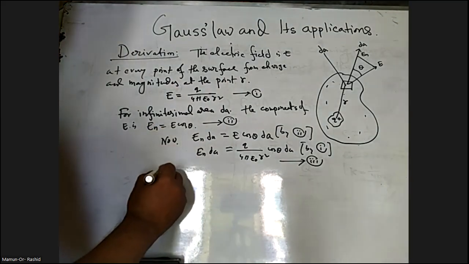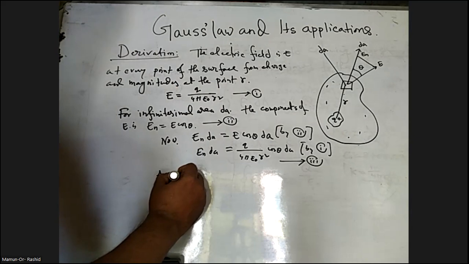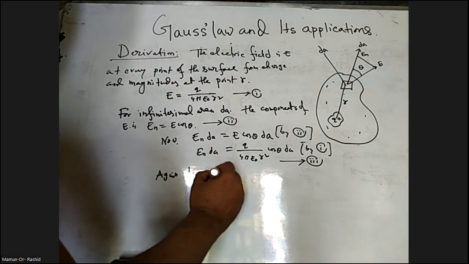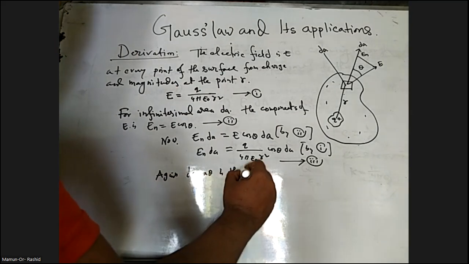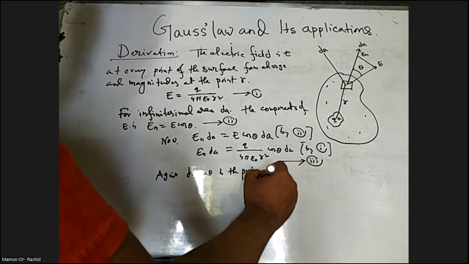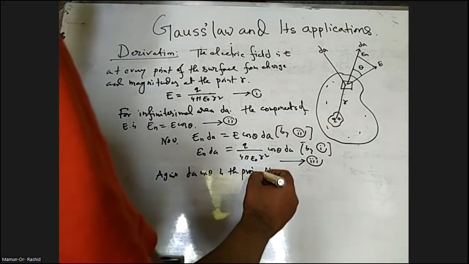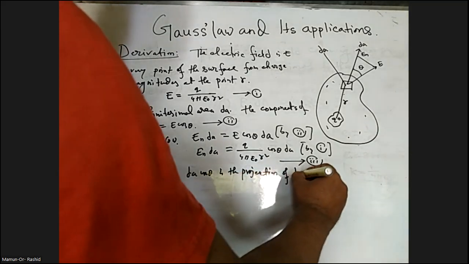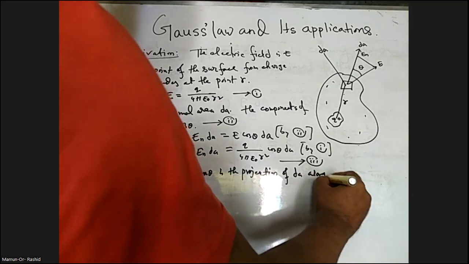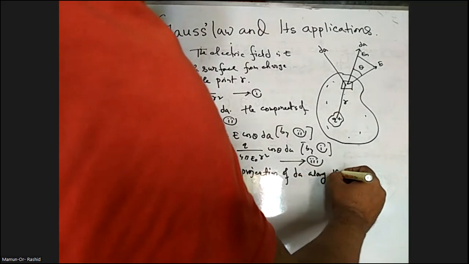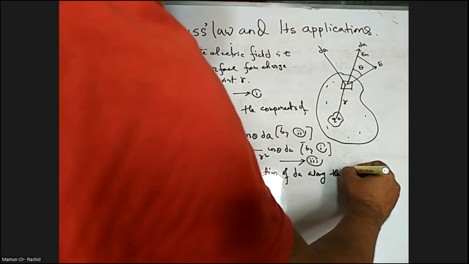Again, dA cos theta is the projection of dA along the radius vector r.